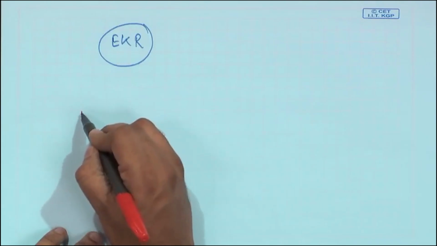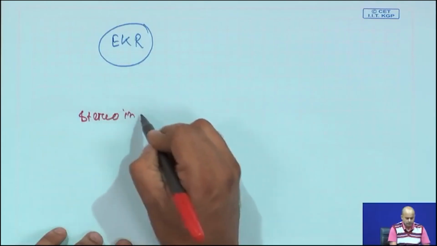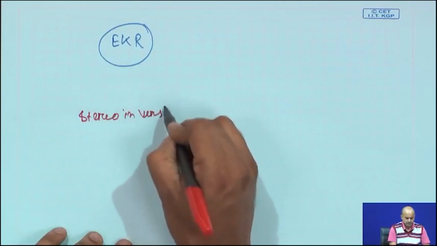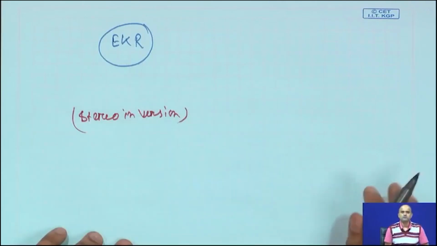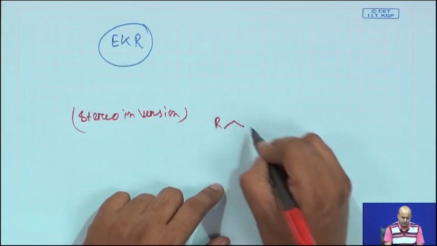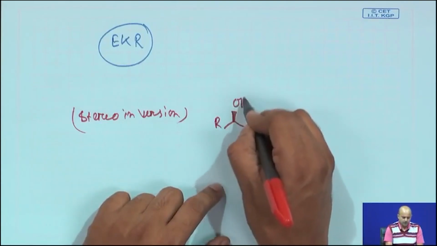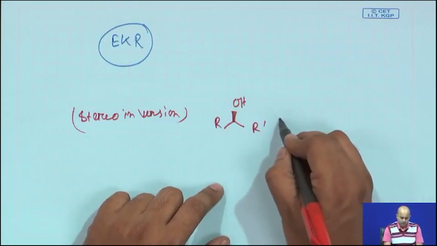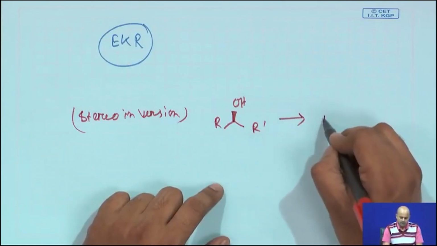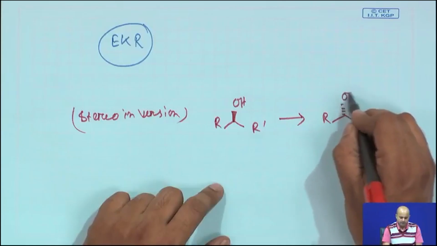So, we will try to bypass it. Now, in the case of kinetic resolution, there is always another process which is named as stereo inversion. Now, what is stereo inversion? Stereo inversion means that if you are having a stereo center, there is a way you can invert the stereo center depending on your need.